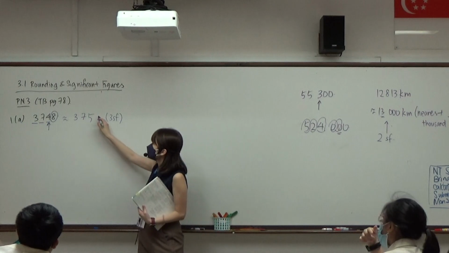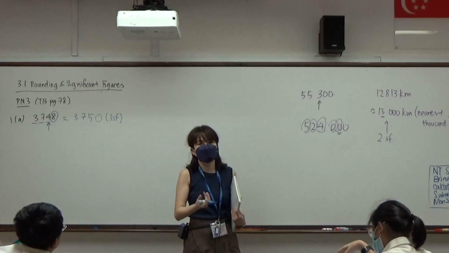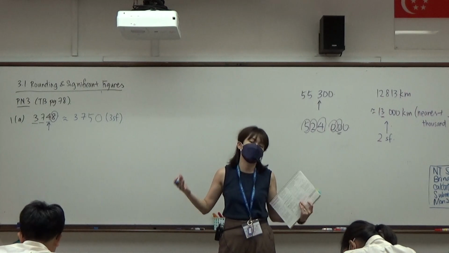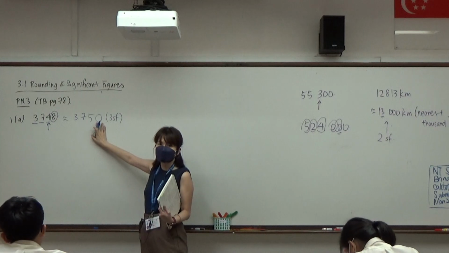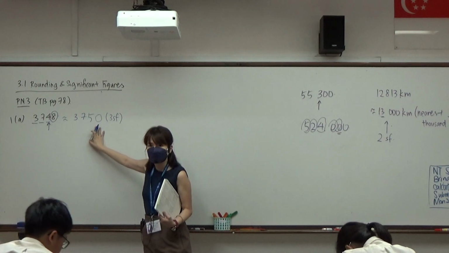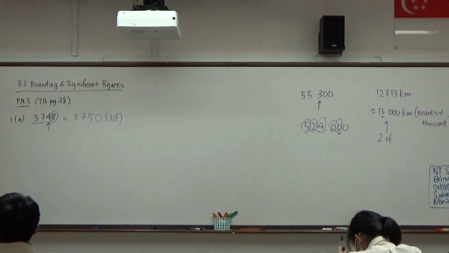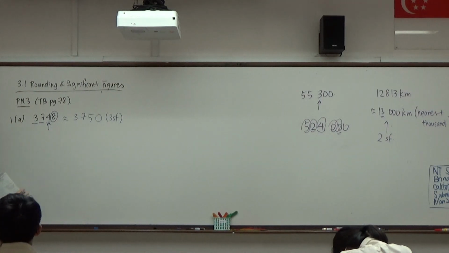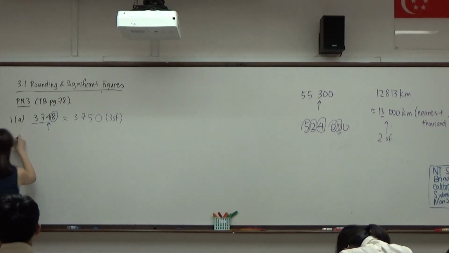So this 0 is important to put there for placeholding purposes, to maintain the same place value. This 0 we don't count as a significant figure, but we must have it there, just like how we round off whole numbers and decimal numbers earlier on. So the answer will be 3750 to 3SF.